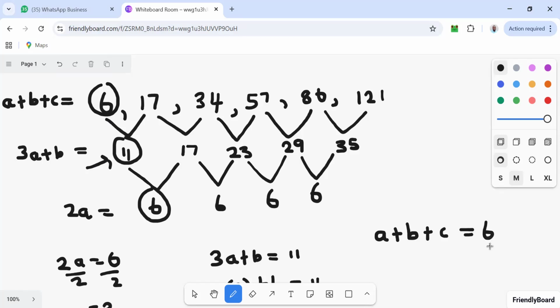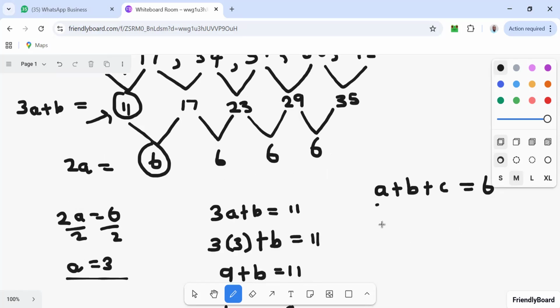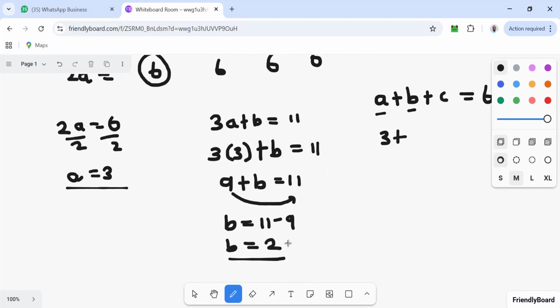Where there's a, I'm going to put 3, since we have already found our a. Where there is b, I'm going to put 2, since we have already found our b. Then plus c is equal to 6. 3 plus 2 is 5, so 5 plus c is equal to 6.